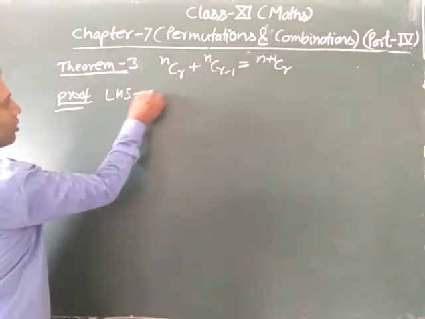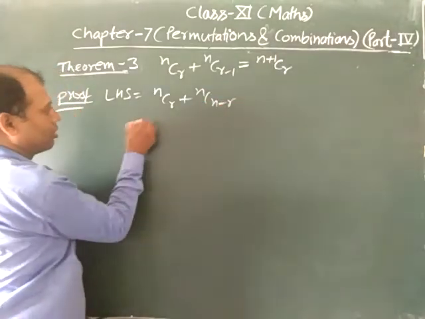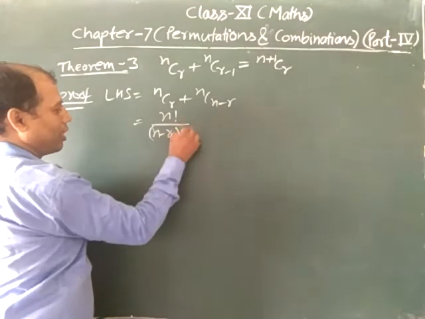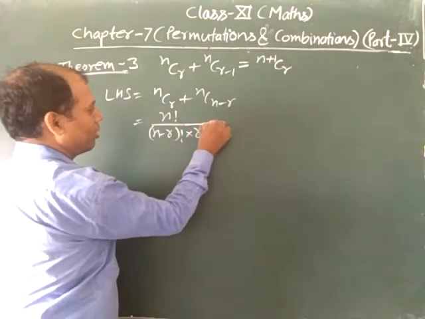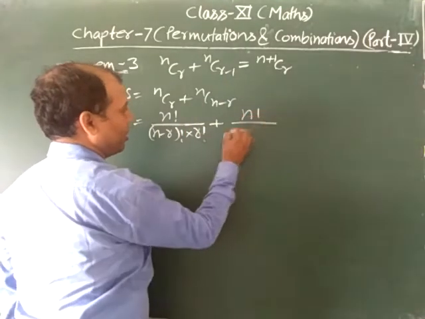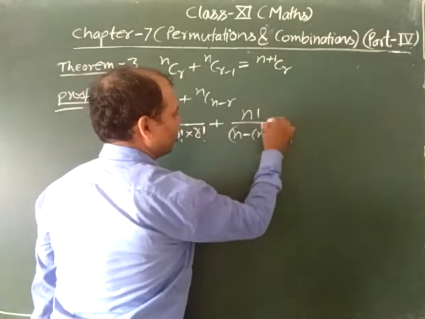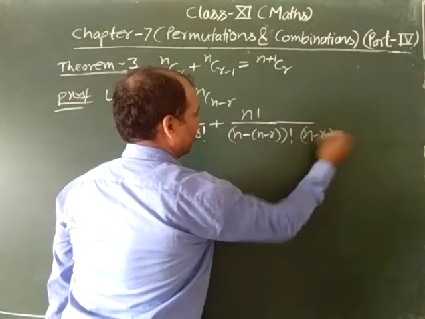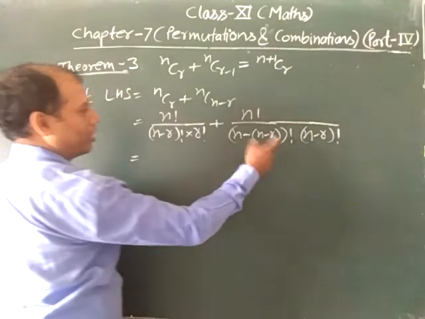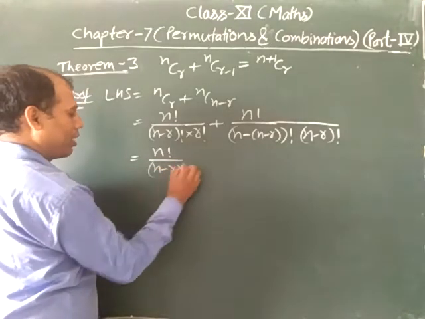Taking LHS, this is nCr plus nC(n minus r). This can be written as factorial n by factorial n minus r into factorial r plus, and using this formula we can write this as factorial n by factorial n minus r into factorial n minus r. From this we can take common factorial n by factorial n minus r.